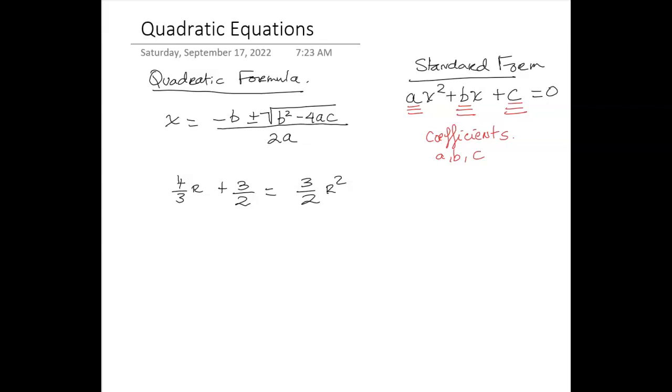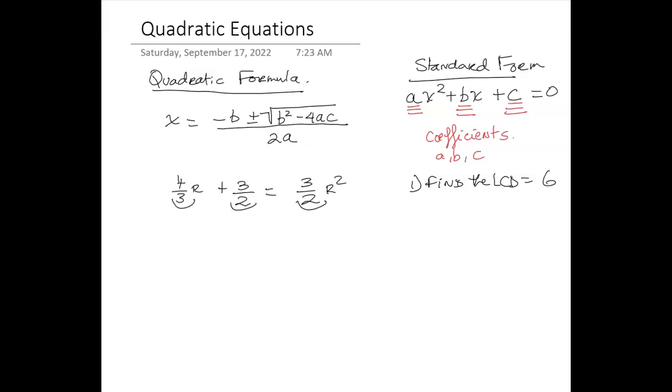When you see fractions, you use the method of clearing out the fractions. You need an equivalent equation. The first thing we want to do is find the LCD. We have 3 and 2 as denominators, so the LCD is 6.